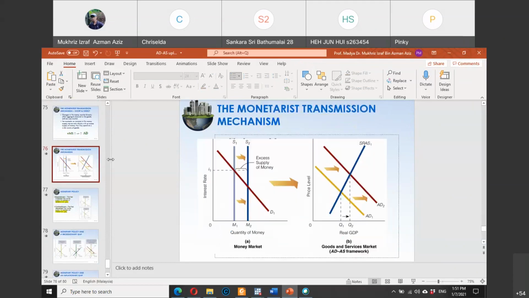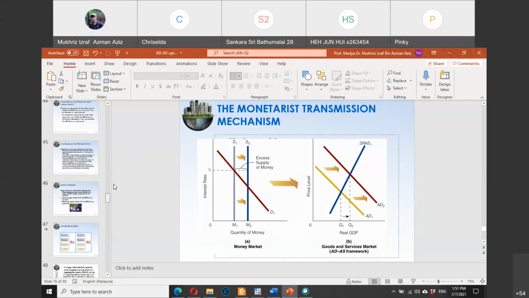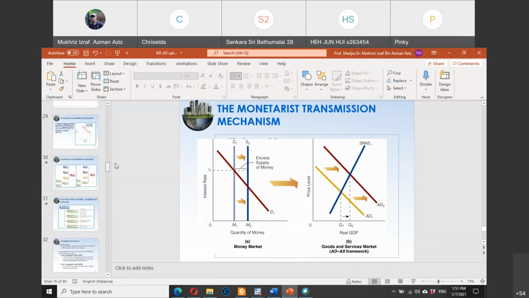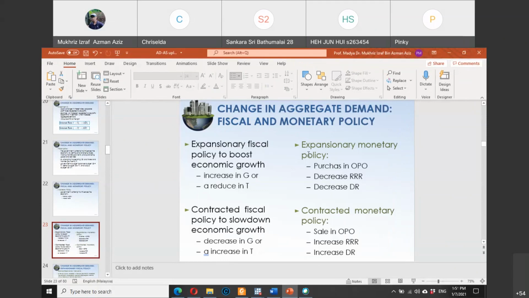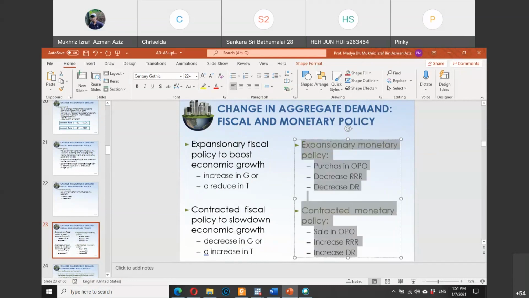Okay, just like fiscal policy, we also have monetary policy. That's what we discussed earlier, just now in the slide here. So just now we discussed these two. So what about monetary policy?